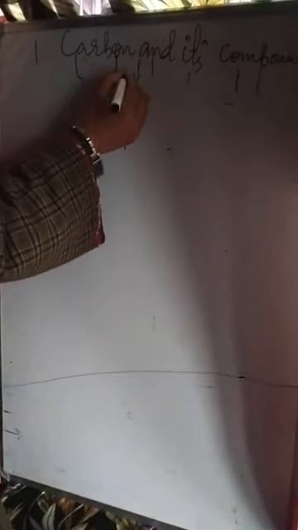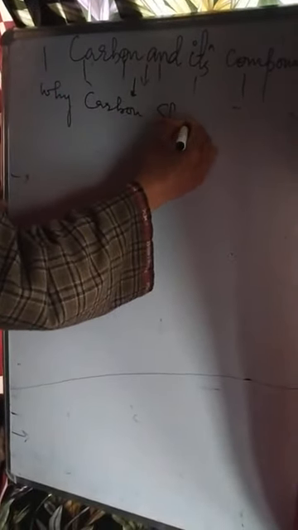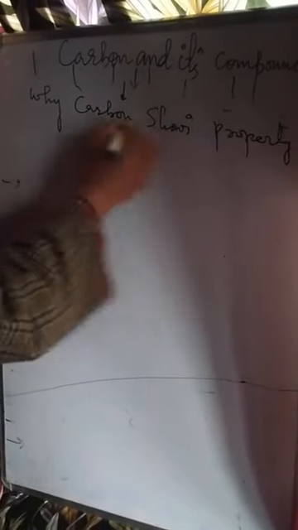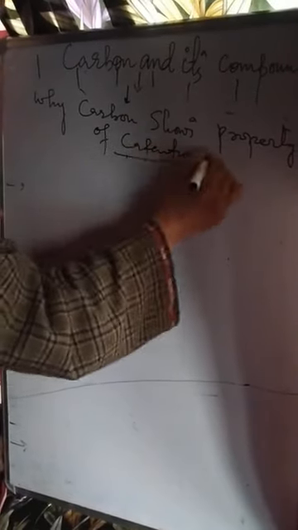Now the question arises: why does carbon show the property of catenation?